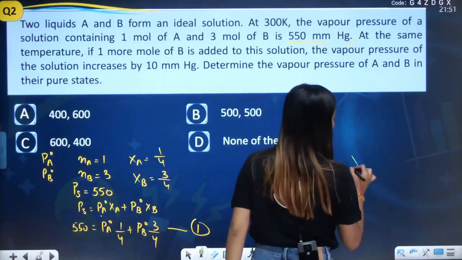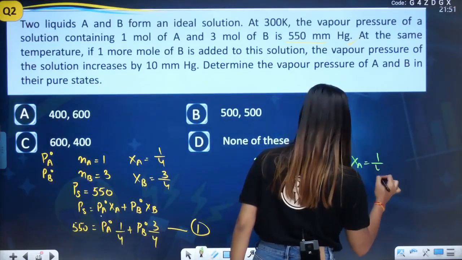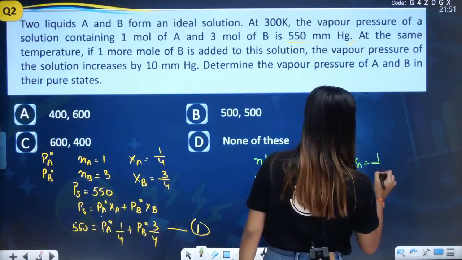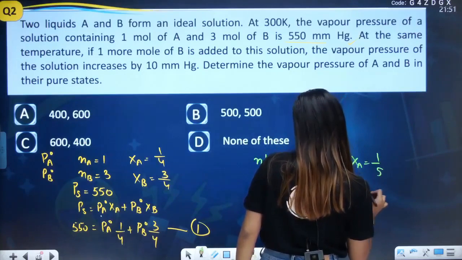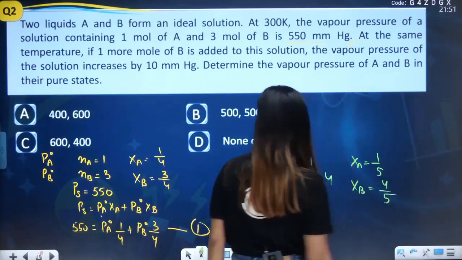So the mole fraction of A will be 1/5 and the mole fraction of B will be 4/5.